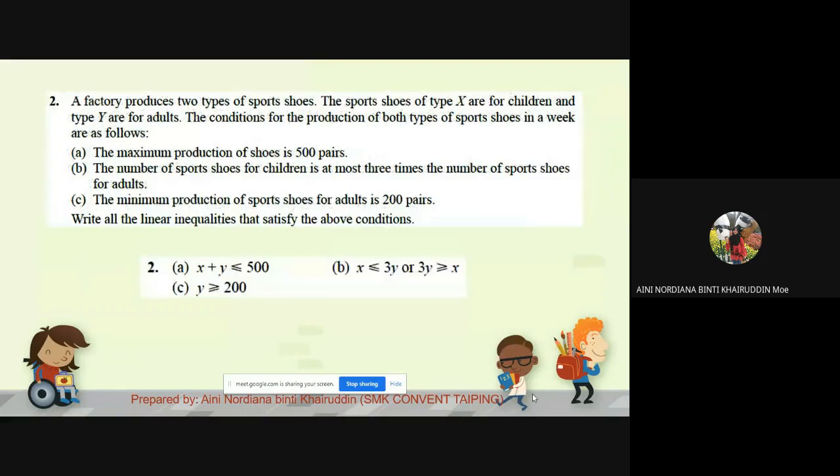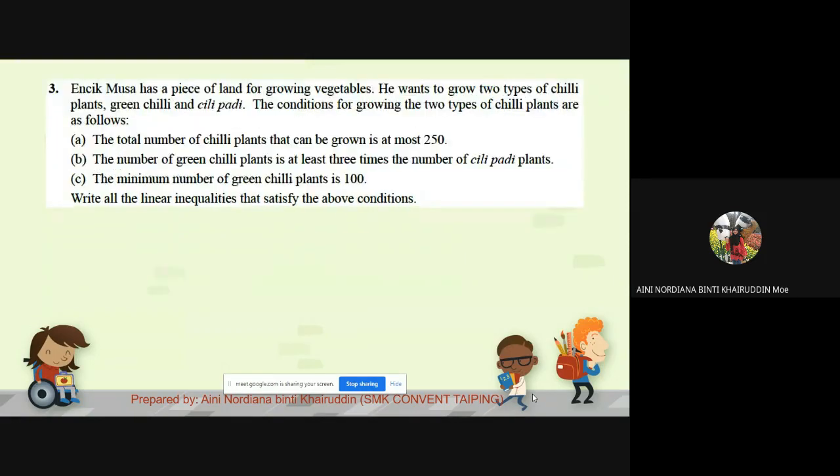Number 2. And number 3. You can use any letter for green chili and chili padi.